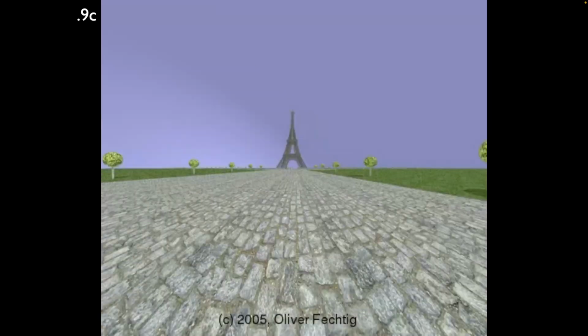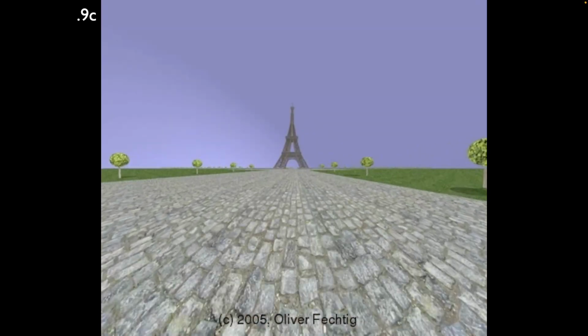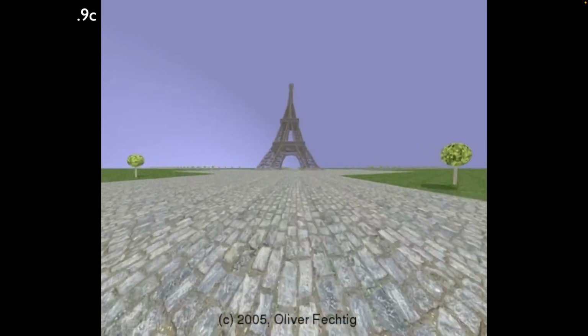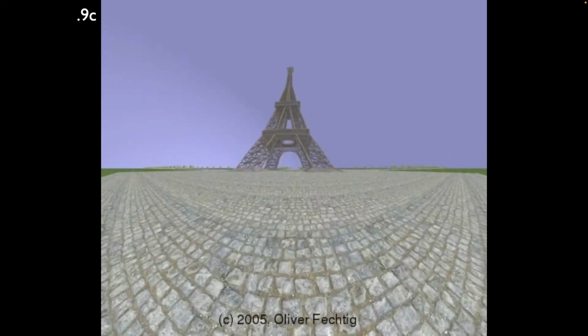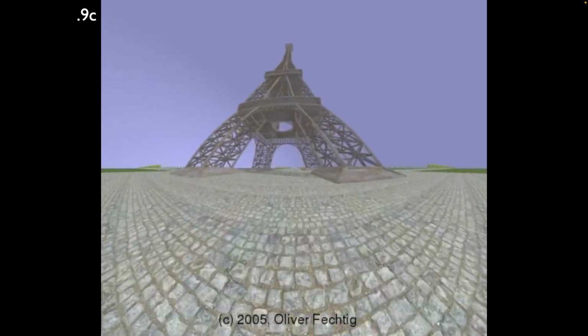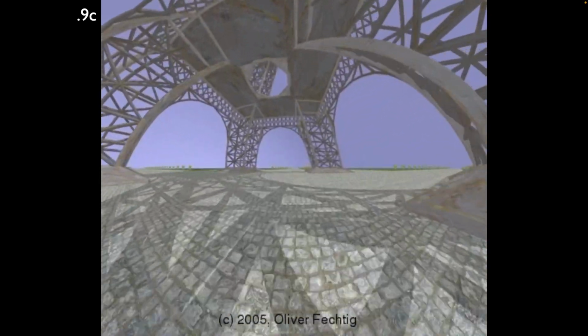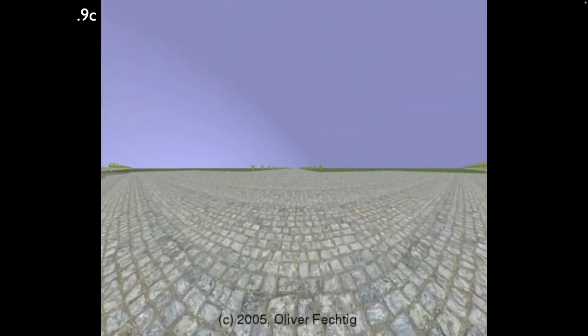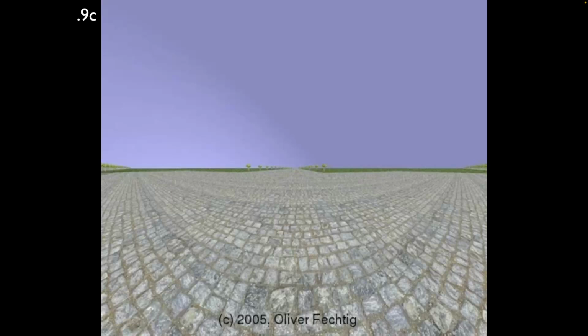So here is 9/10, so 90% the speed of light. Doesn't look very different until, what? Wow, okay. What happened?